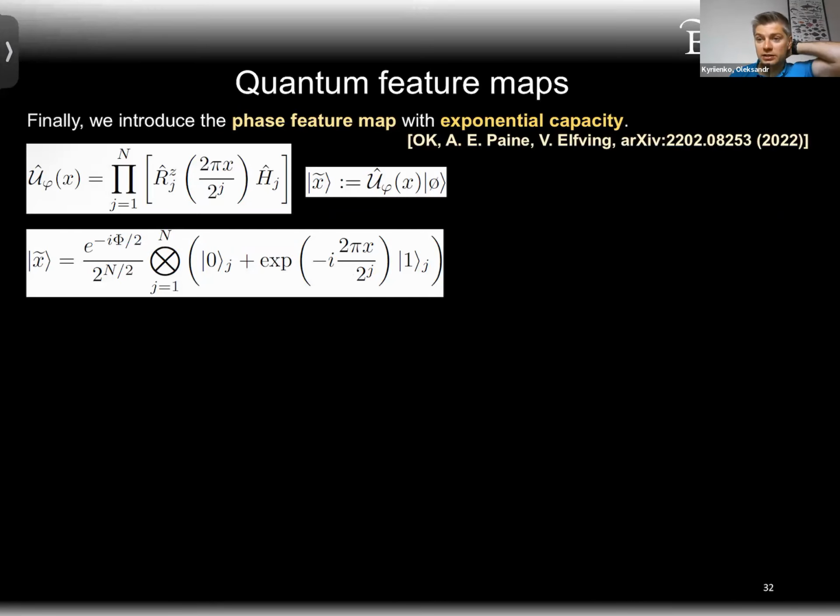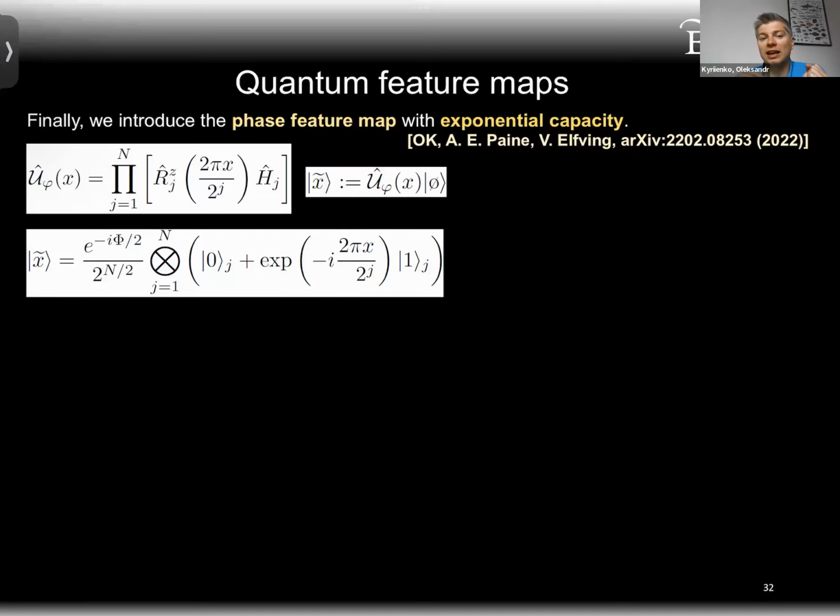The second example that I want to highlight is a phase feature map. The phase feature map utilizes the properties of a quantum Fourier transform. If I take a state 0 and apply a Hadamard operation, I prepare a superposition of 0 plus 1 over square root of 2.